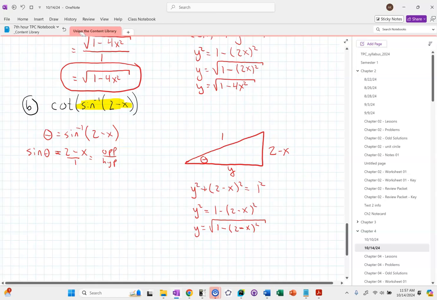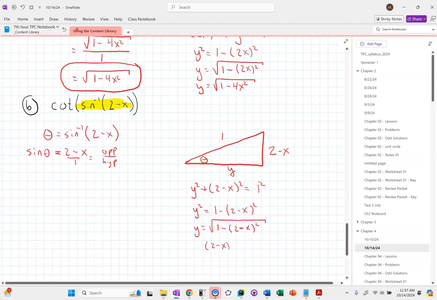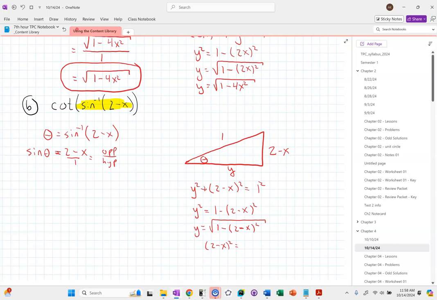How do I do 2 minus x squared like that? How do I simplify 2 minus x squared? Let's ask us an easier question then. What's 3 squared? 9.